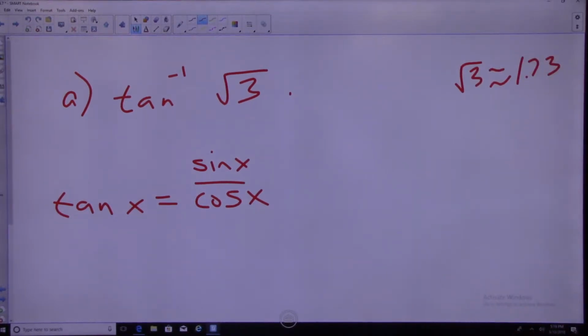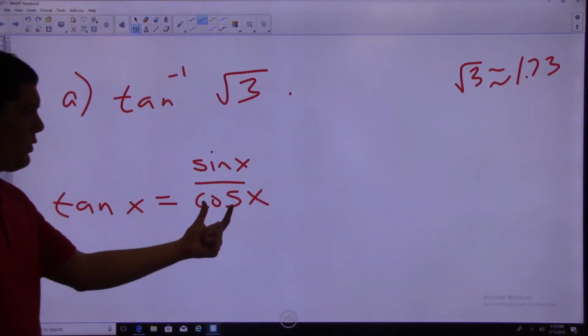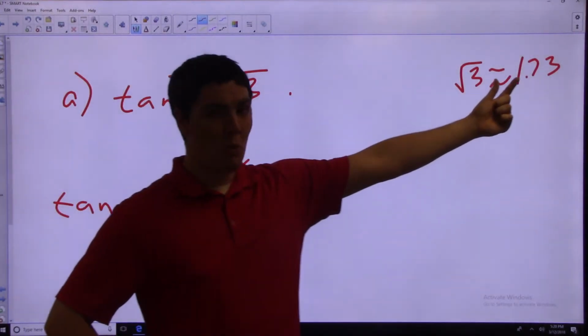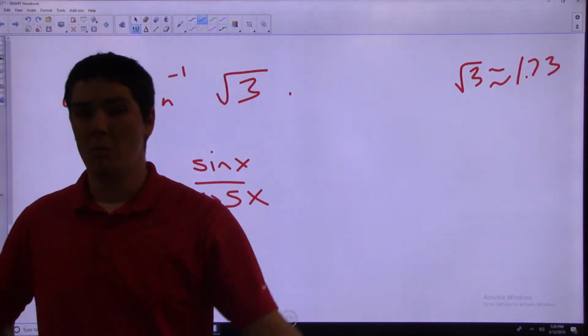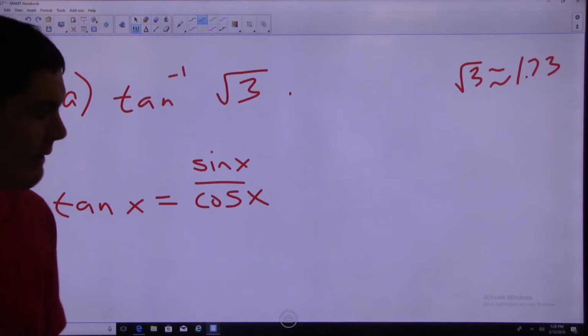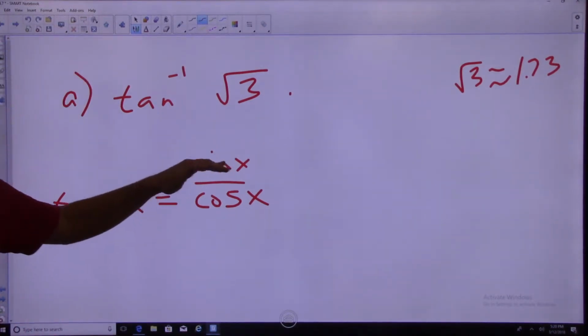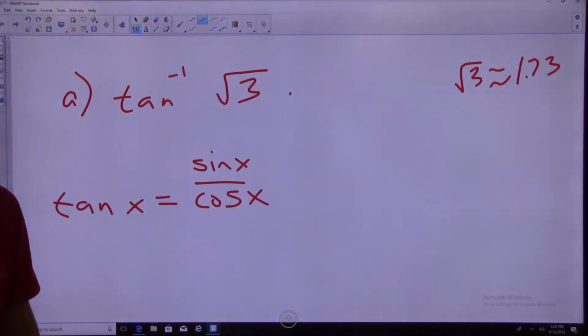The reason I told you to type it in is, if we know sine over cosine is going to equal 1.73, and you get a division problem where your answer is bigger than 1, what do you know about the relationship between sine and cosine?